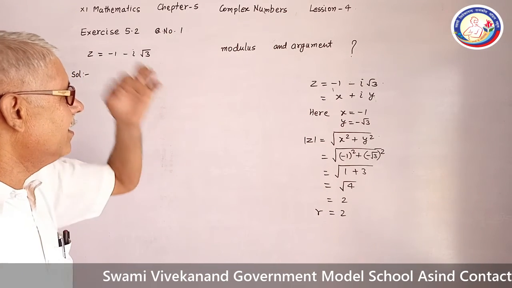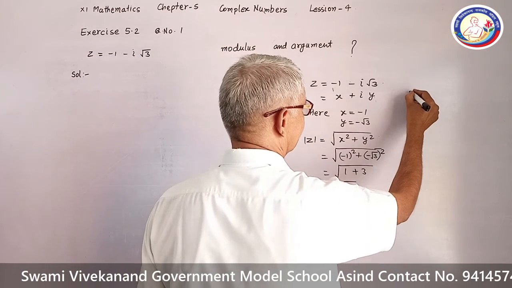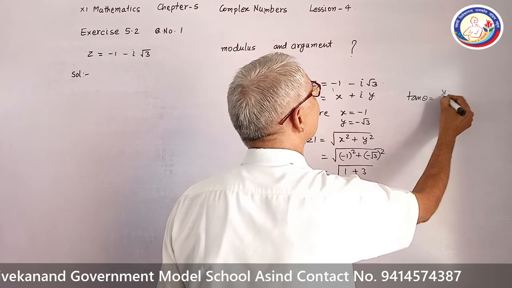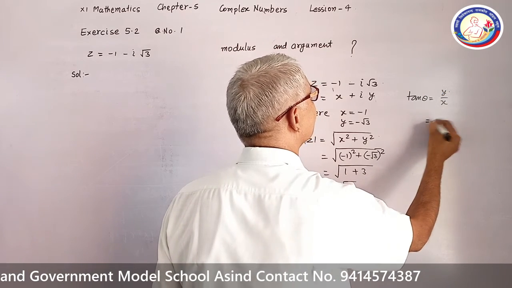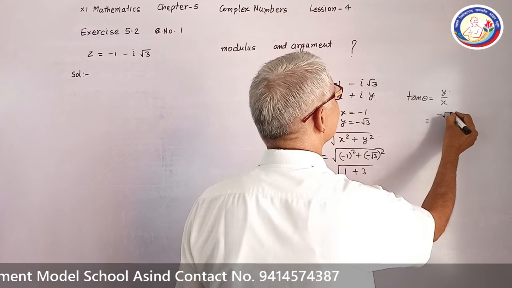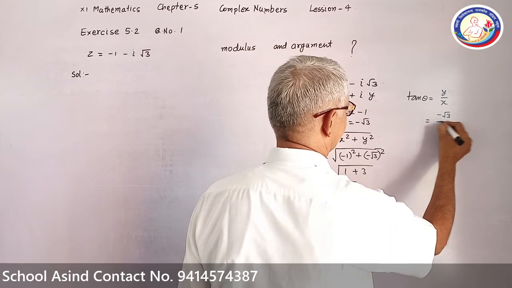What about the argument? Tangent theta will be y upon x. Now, what is y here? Minus root 3. And x here? Minus 1.